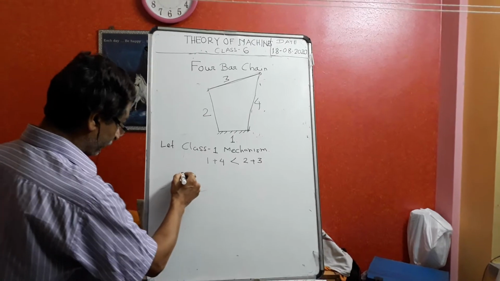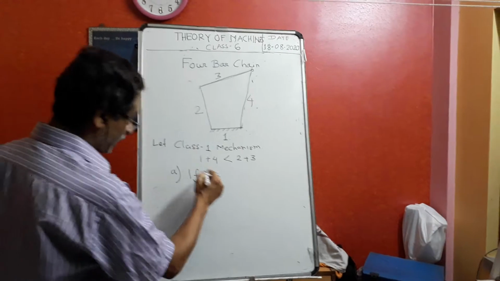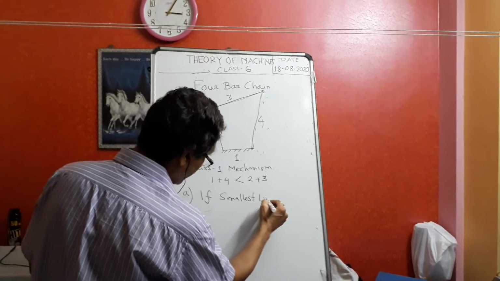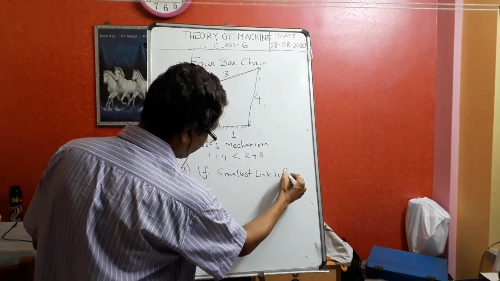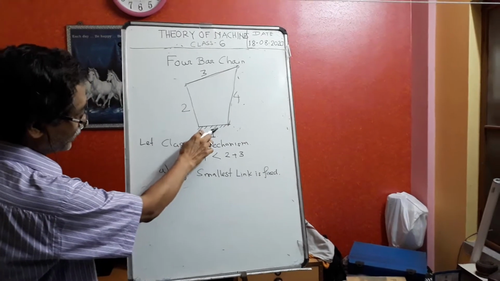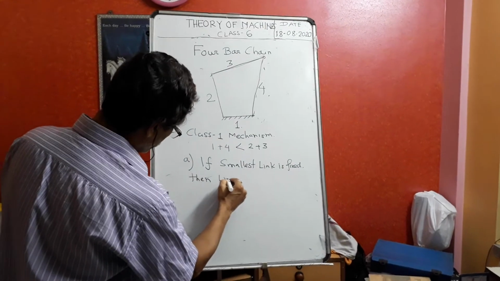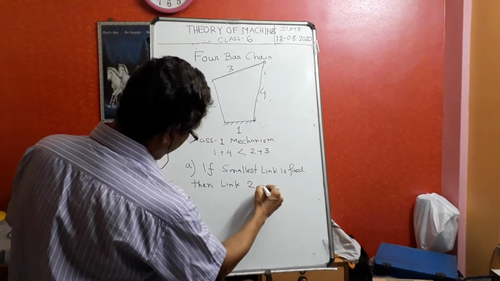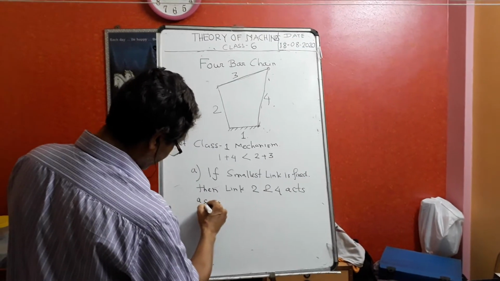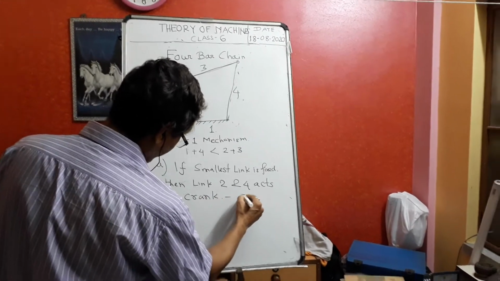Now, if the smallest link is fixed, then links 2 and 4 act as cranks, and this mechanism is called crank-crank.